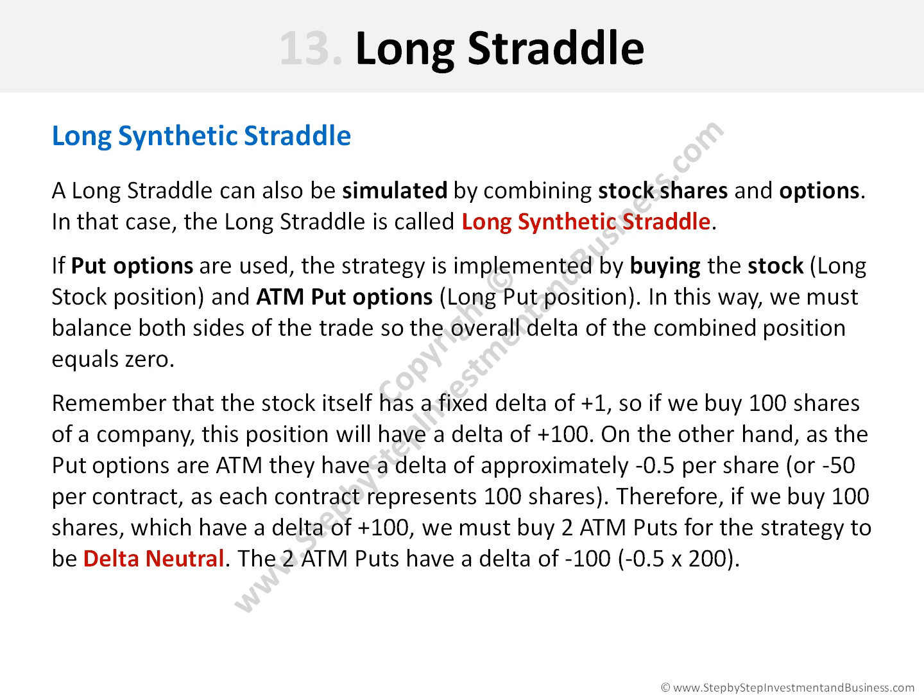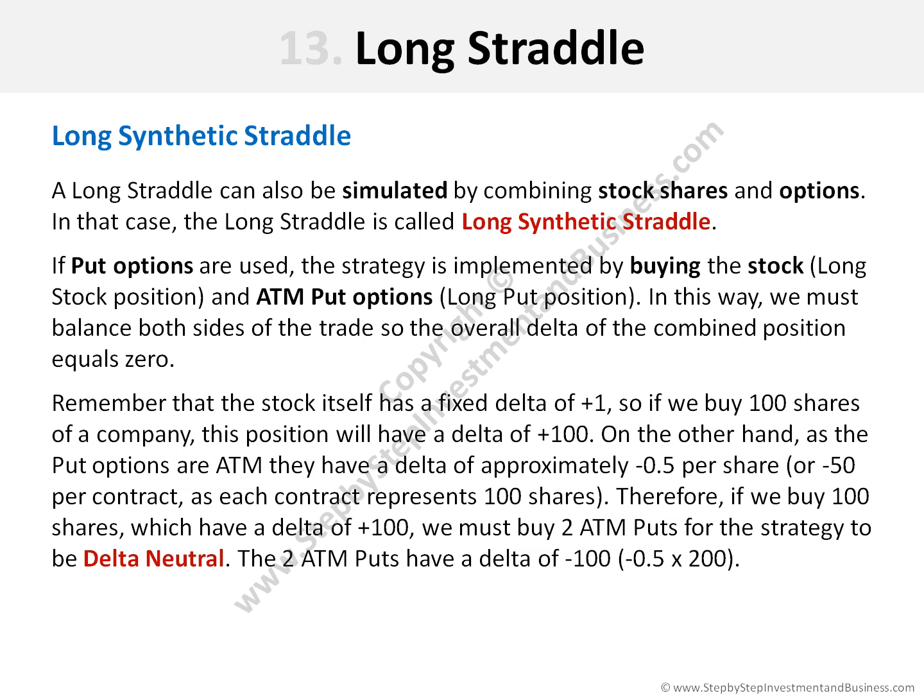Remember that the stock itself has a fixed delta of +1. So if we buy 100 shares of a company, this position will have a delta of +100. On the other hand, as the put options are at the money, they have a delta of approximately minus 0.5 per share, or minus 50 per contract, as each contract represents 100 shares.